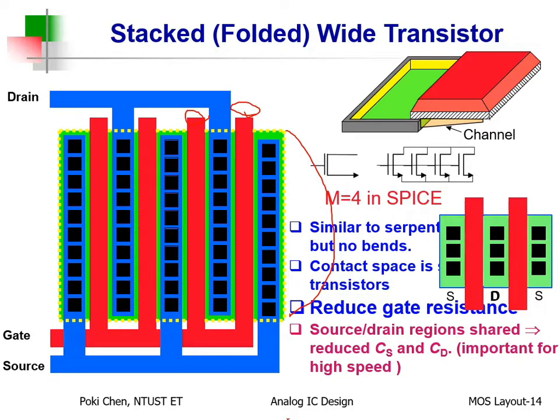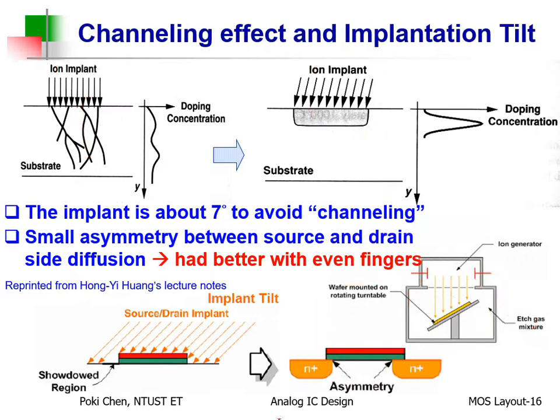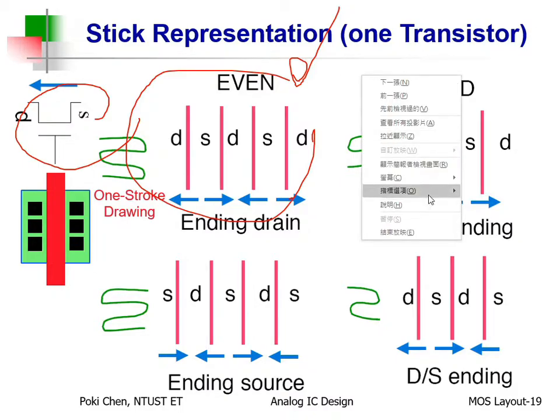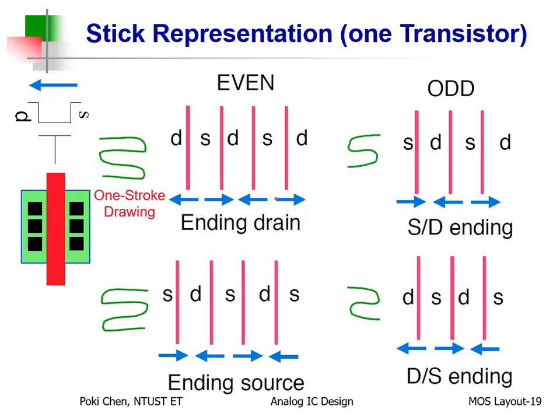So let's just use one stick for each finger. Just like this. They are exactly the same in practice. And then I would like to tell you, for such one-stroke drawing, that is really important.